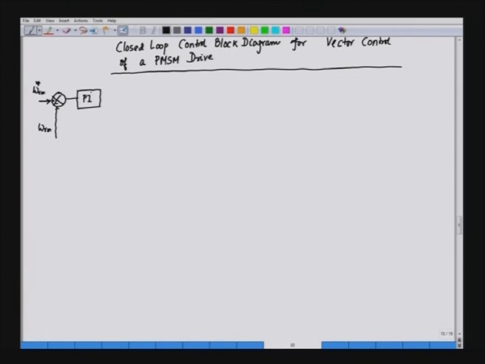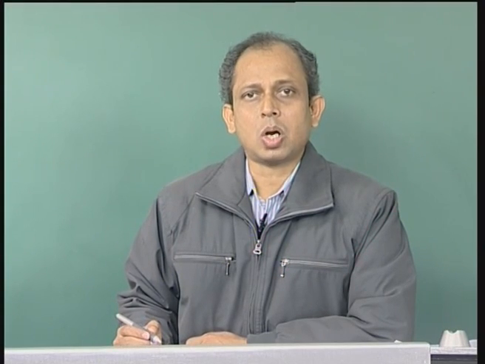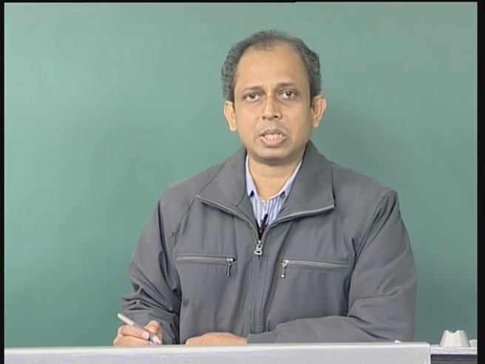This PI controller will be giving us the magnitude of the torque. So, we can say this is the torque that we get out of it, and the torque will be controlled as per the speed. As we know, up to the base speed the torque will be constant, and after the base speed the torque will be reduced for the field weakening region.